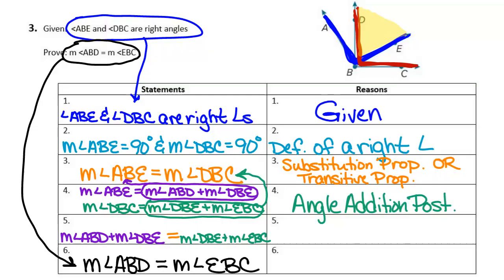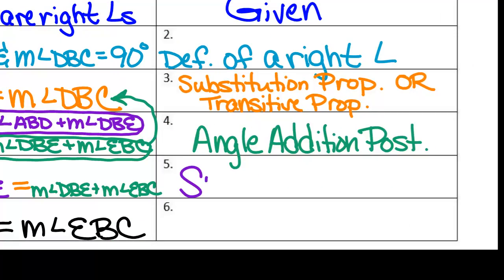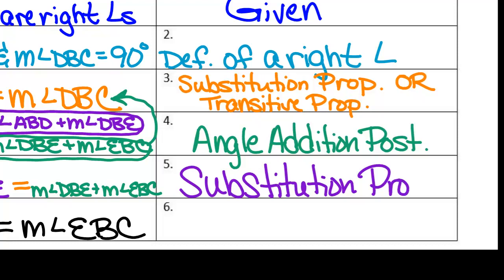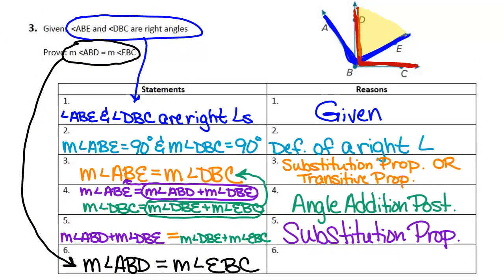All right, let's look at why we are allowed to say that. Substitution, I love it. Fantastic. Substitution property. This one I can't use transitive on, because transitive you always have to have three things. Here we could have used transitive property because I had ABE, that's one thing.